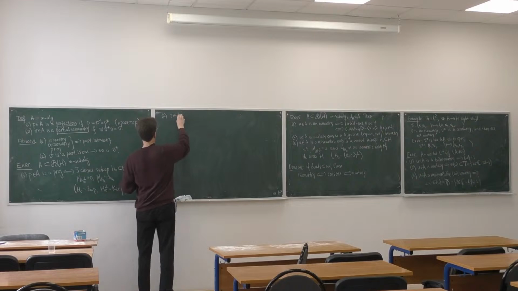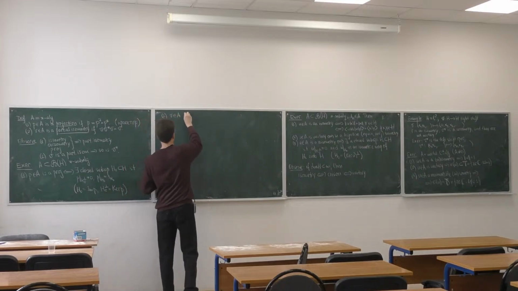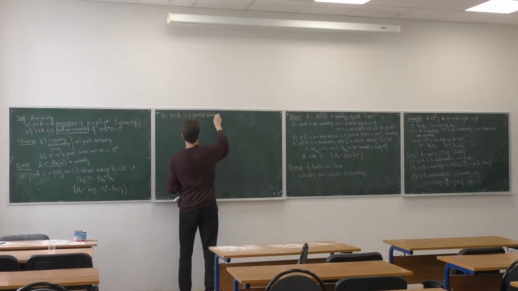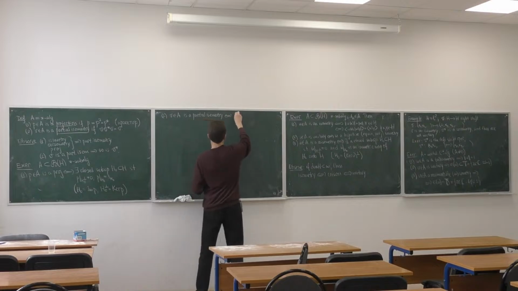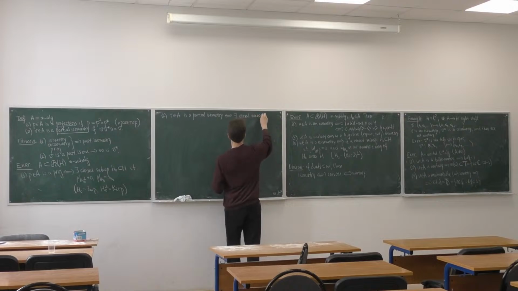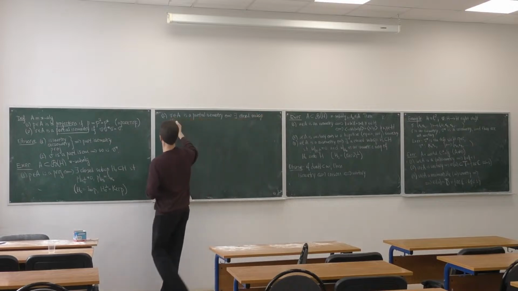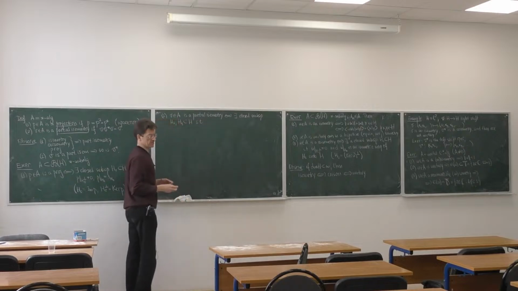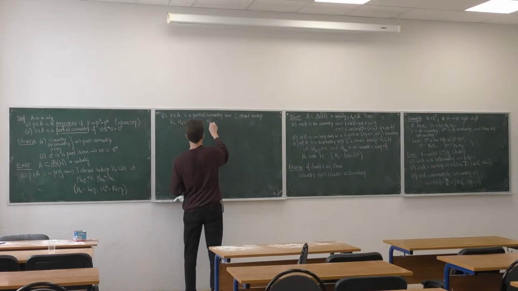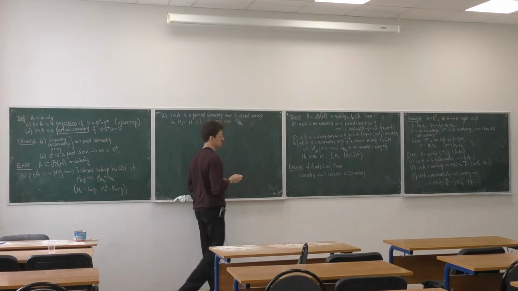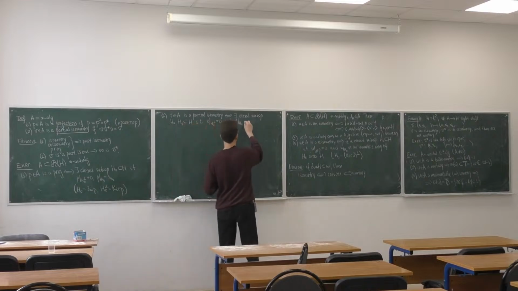Namely, an operator V in A is a partial isometry if and only if there exist two closed subspaces H0 and H1 in H such that V vanishes on the orthogonal complement of H0, and V restricted to H0 is an isometric map of H0 onto H1.